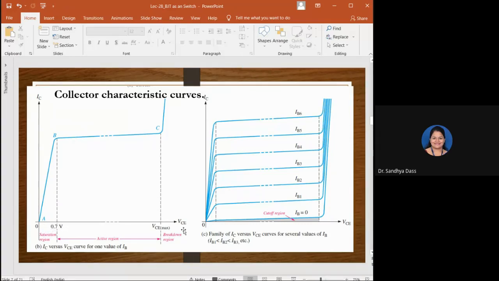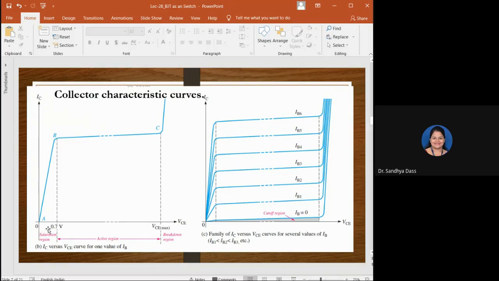First, you understand, when both junctions are forward biased, as VCE is varied, collector current also will increase slowly along with VCE. That part is shown here.